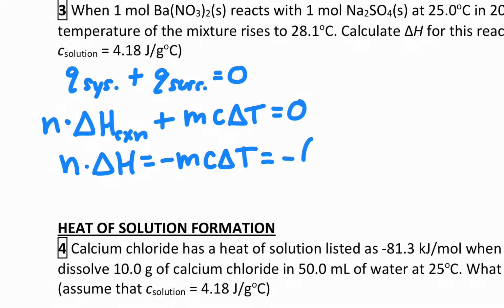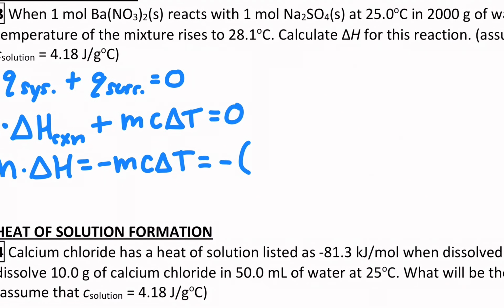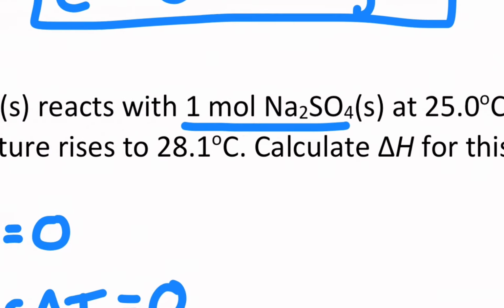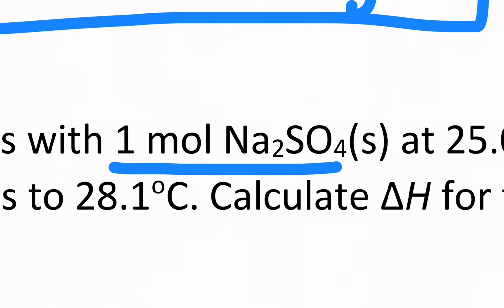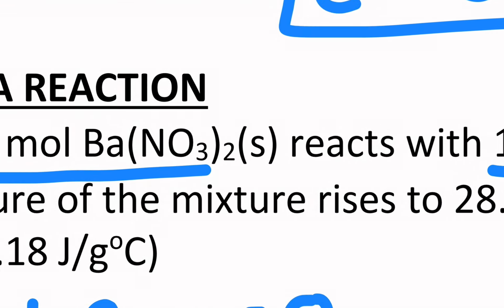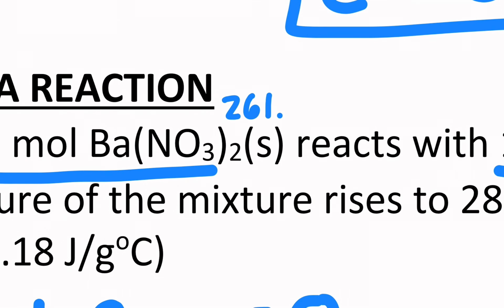And what's our mass? Well, we have 2,000 grams of water, but I am also mixing with it a mole of sodium sulfate and a mole of barium nitrate. If I look up in my periodic table, I need some molar masses. A mole of sodium sulfate weighs 142 grams per mole, and a mole of barium nitrate weighs 261.33 grams per mole.